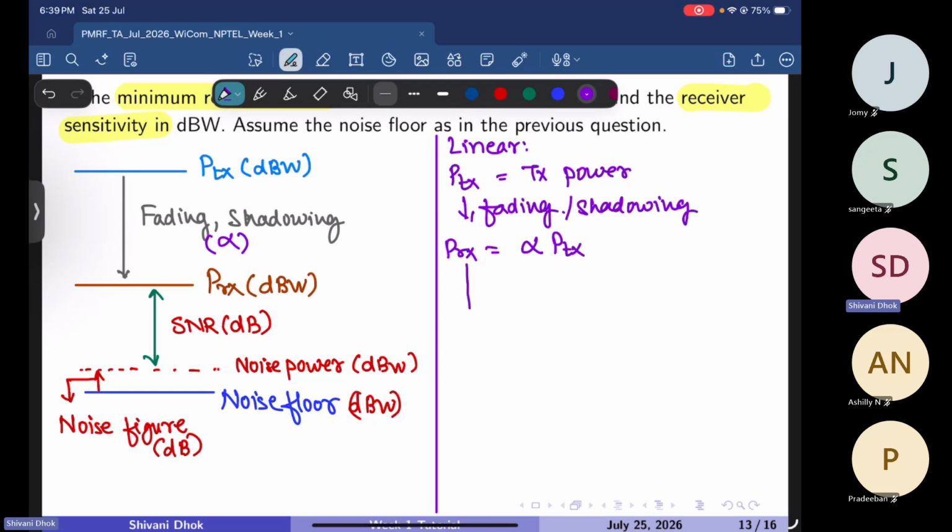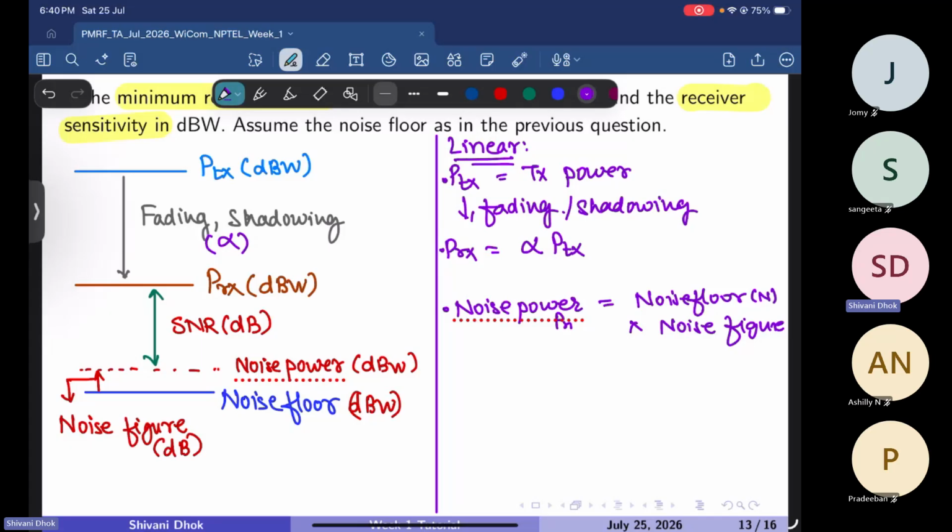Then you have your total noise power, which is your noise floor into noise figure. Okay, and your signal to noise ratio, I'll just write this as PN.